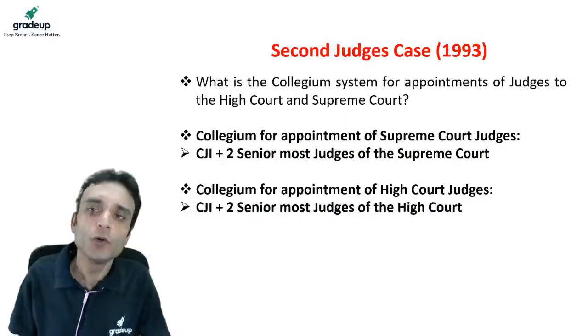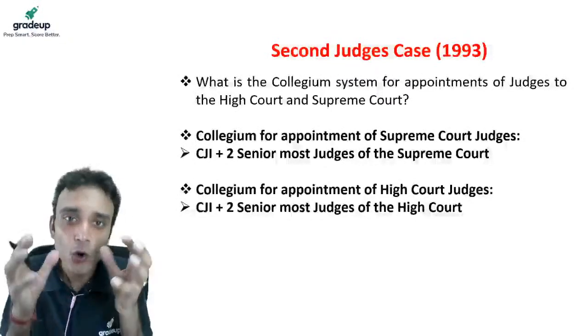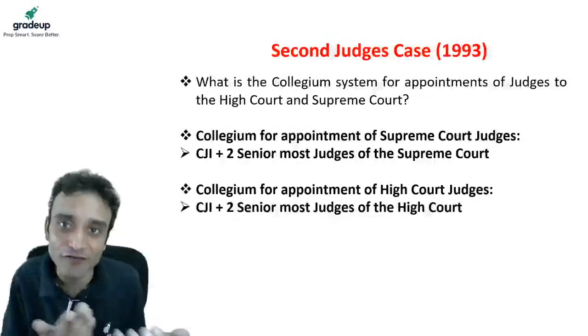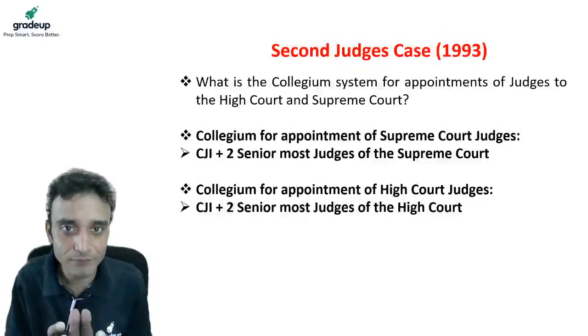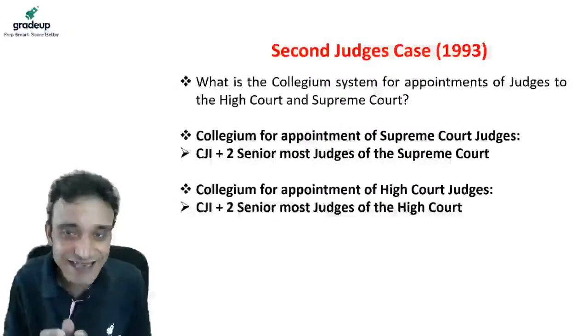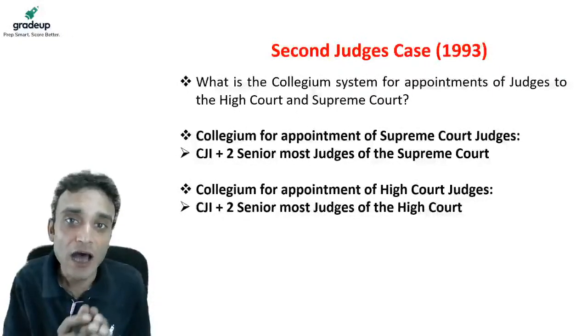Now, what is this collegium system? A collegium is a group of judges who determines who will be the next judge of the High Court or the Supreme Court. So the collegium is a group of judges who decides on future appointments to the High Court and the Supreme Court.